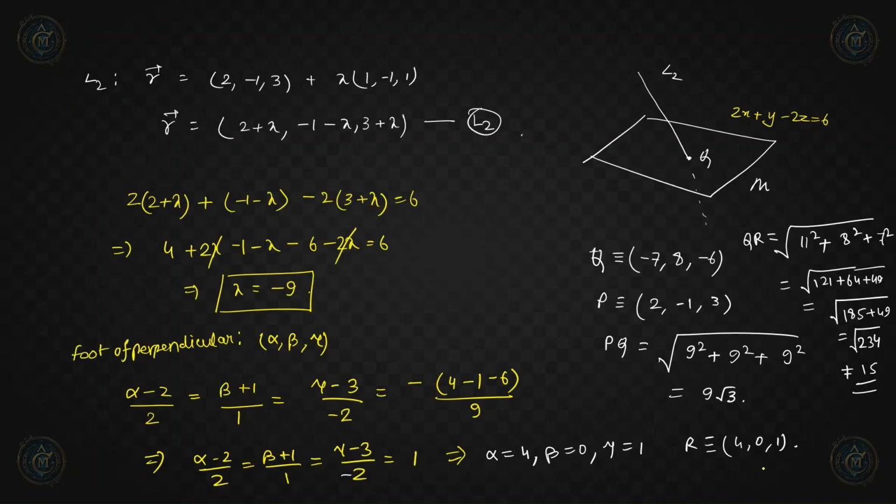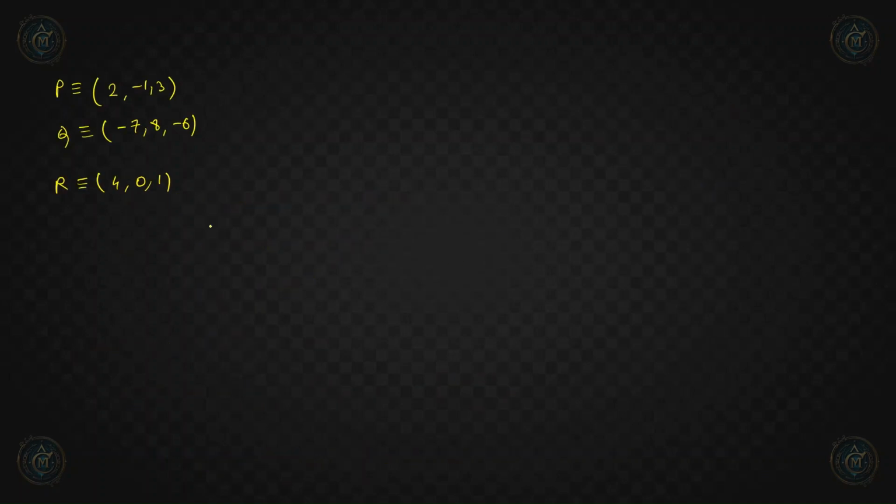So if we look into the geometry of the problem, this is the plane M, this is the point P and this is the point Q. This line is the PQ line or the line L2. And this is the foot of perpendicular from this point P to the plane M. This is the point R.